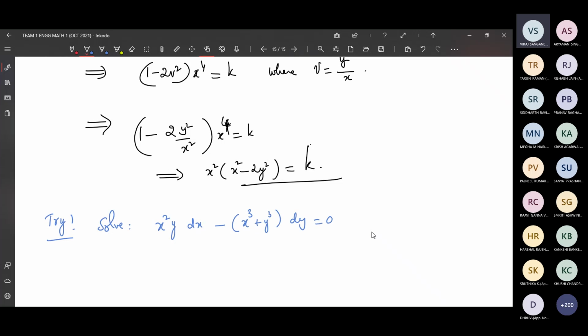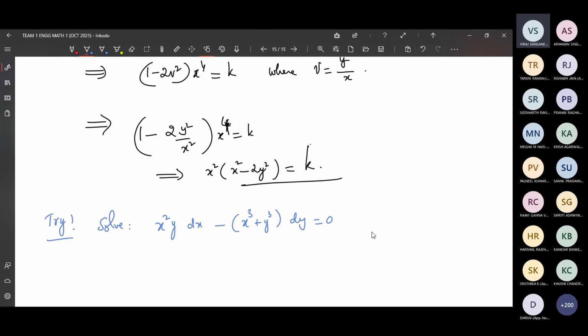Now the coefficient of dx, if you look at the degree of the term, is 3, and for the coefficient of dy, if you look at each term, x cube has degree 3 and y cube has degree 3, therefore it's homogeneous. Otherwise also you can take x cube common, so that it is a function of y by x, and the other one also you can take the same way.